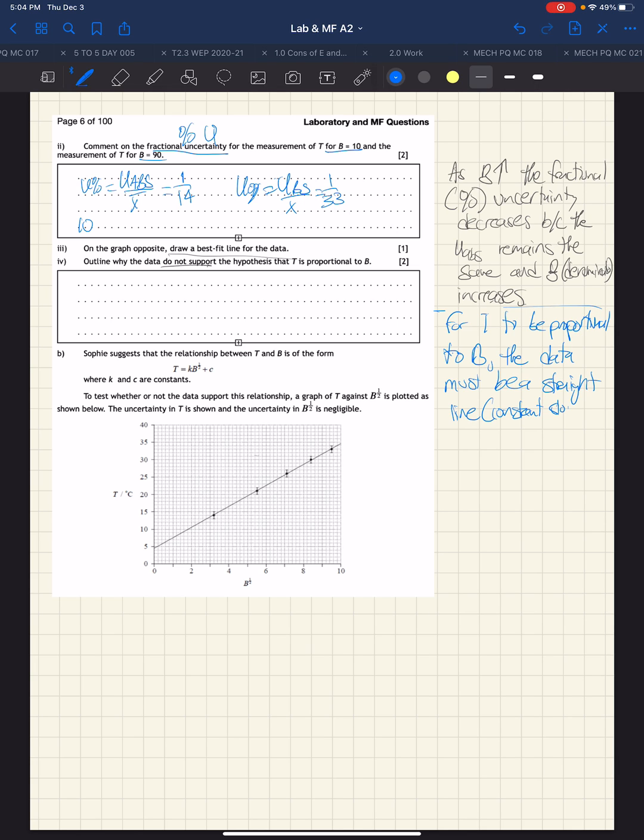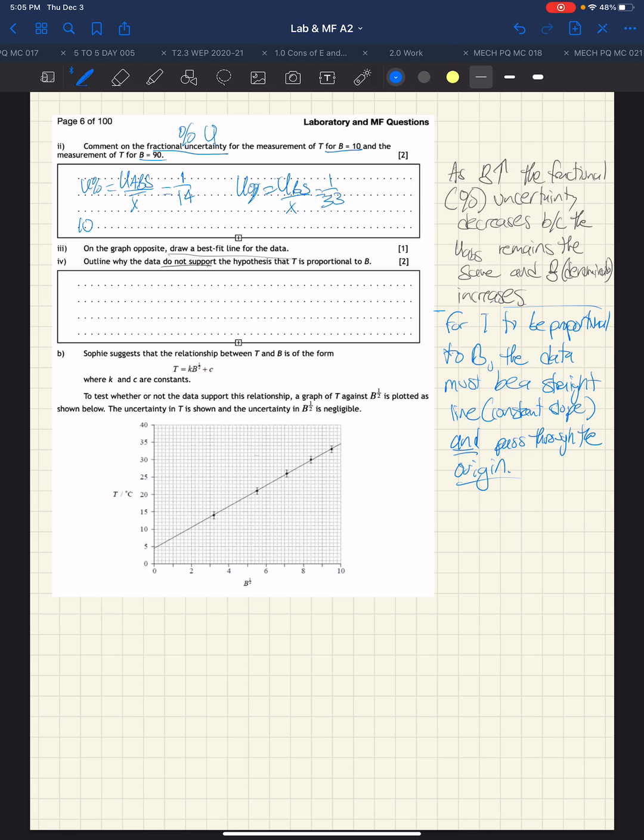You know me, I like these parenthetical expressions that are more specific about the graph. It must be a straight line, in other words, constant slope, and pass through the origin. So that's the principle. That's the criterion by which we would judge this.